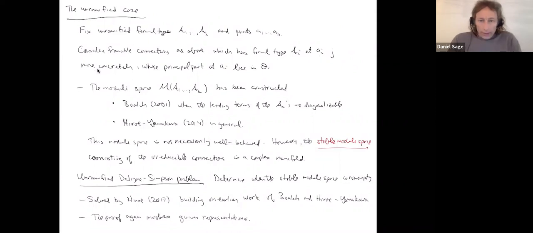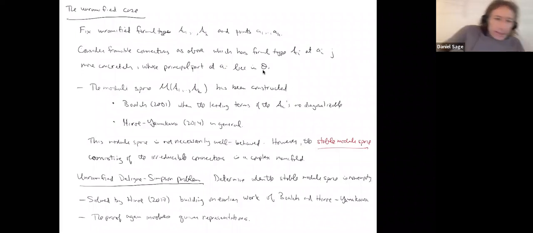And more concretely, this simply means that the principal part at little a_i lies in O of A_i, the truncated orbit at A_i.